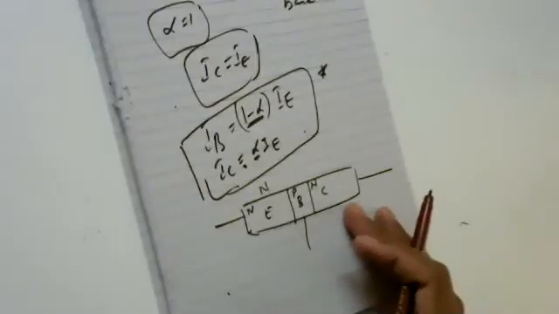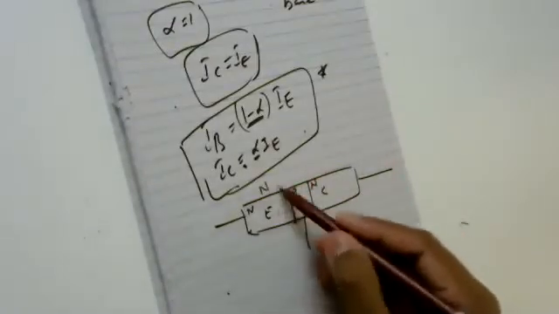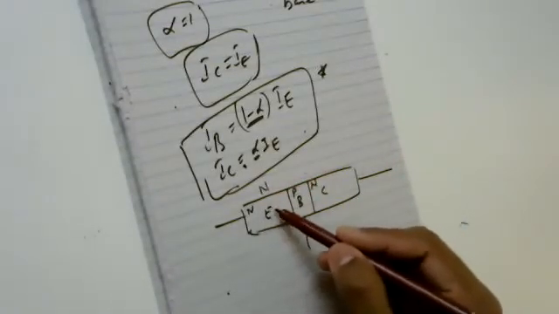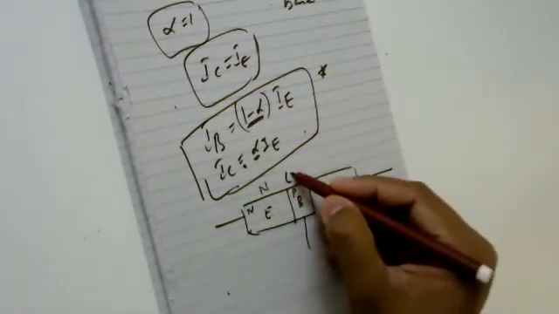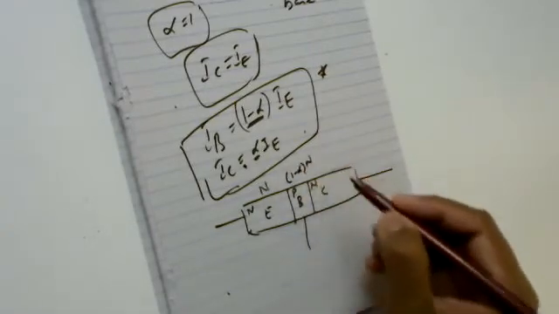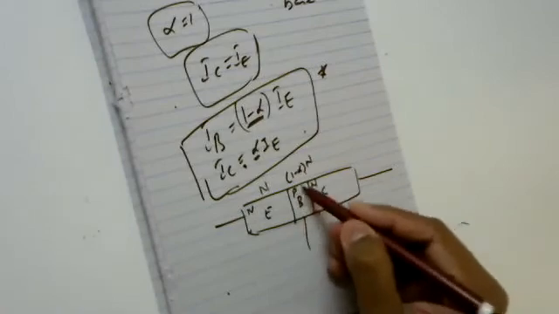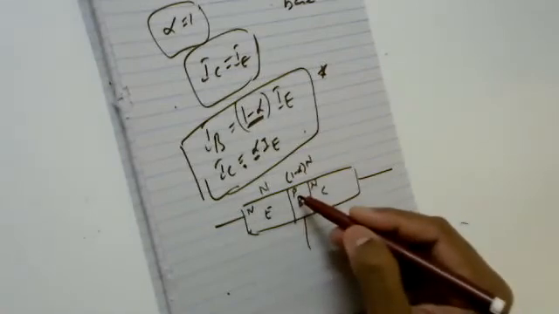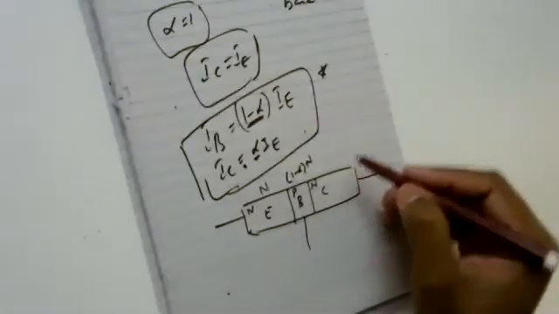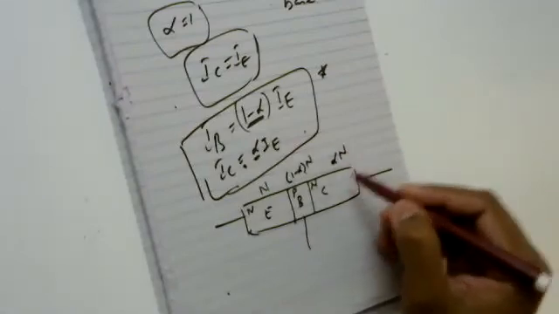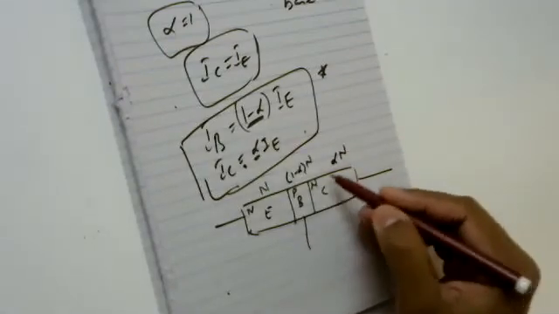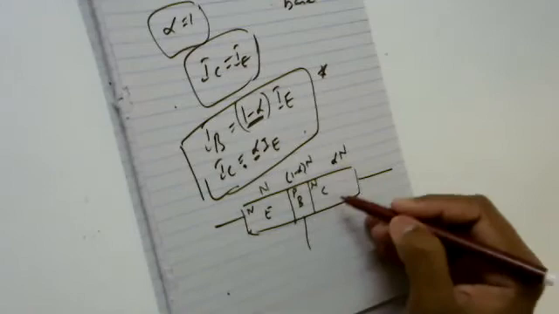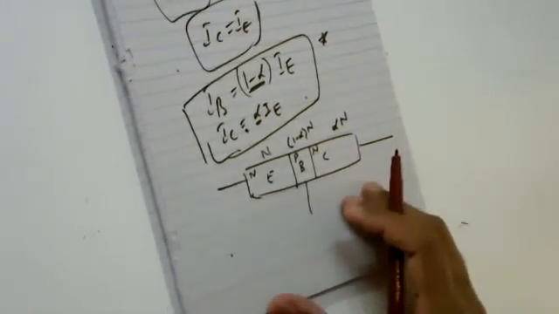Then 1 minus alpha times n is the number of electrons which is seen in the base, and only alpha n is the number of electrons seen on the collector side.